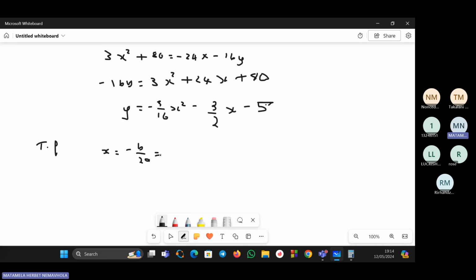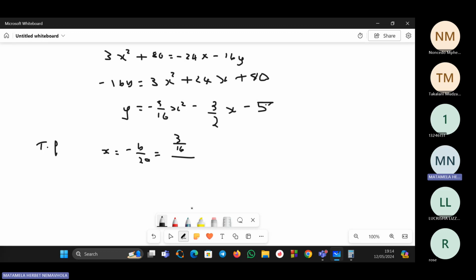Then negative b at this point is going to be negative 3 over 2, which when we multiply with the negative is going to be positive 3 over 2. Then divide by 2 in brackets. Our a is negative 3 over 16.